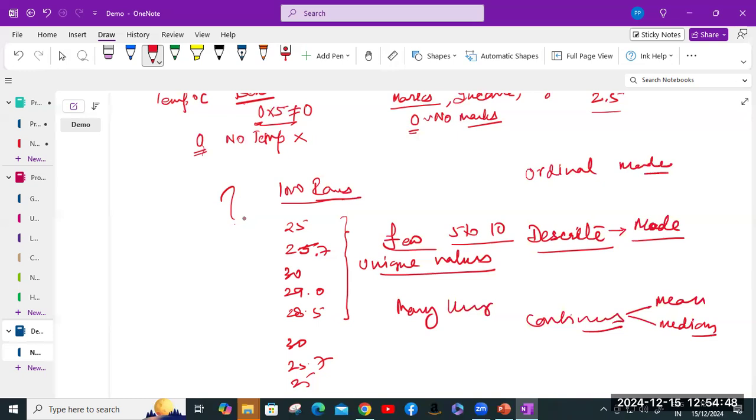But with continuous data, you can use the multiplication operation, division operation. But here you cannot take multiplication, only addition and subtraction. This is the major difference. Here you can do all operations, and here also you can do all operations. Understand?